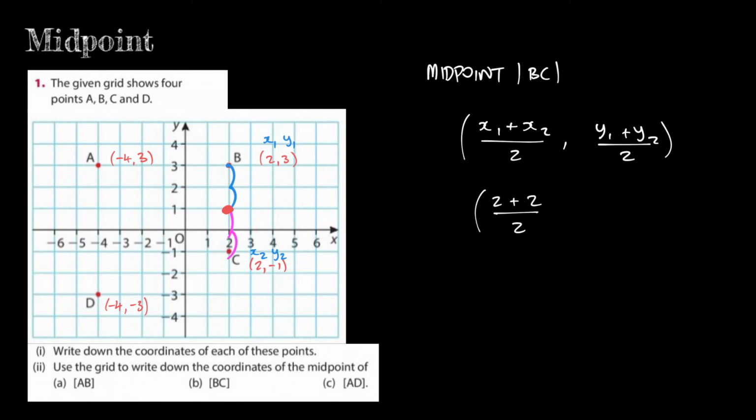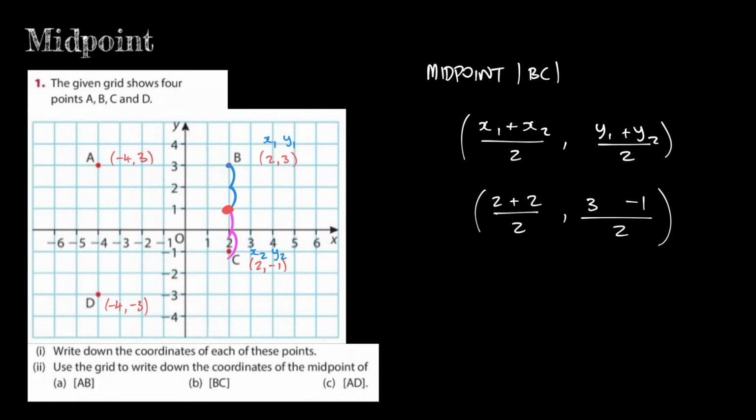My y values is going to be y1, which in this case is 3, plus my second y value, which is negative 1. So if I add a negative, what I'm actually doing is I'm just subtracting.